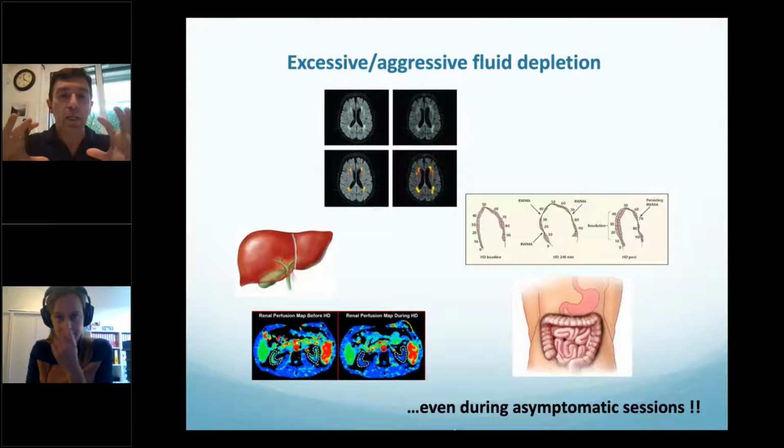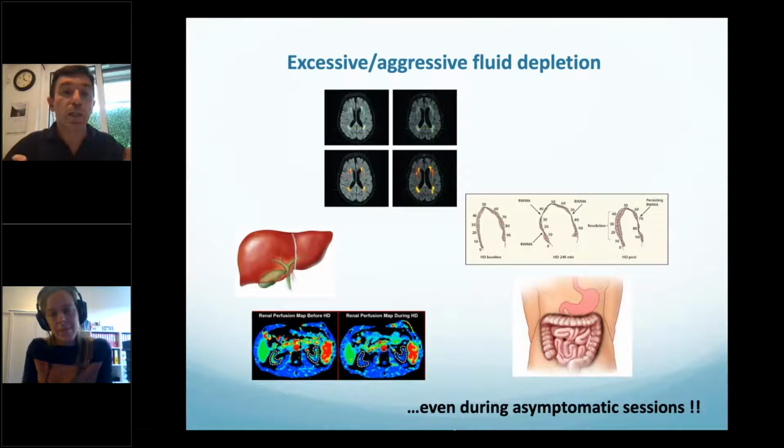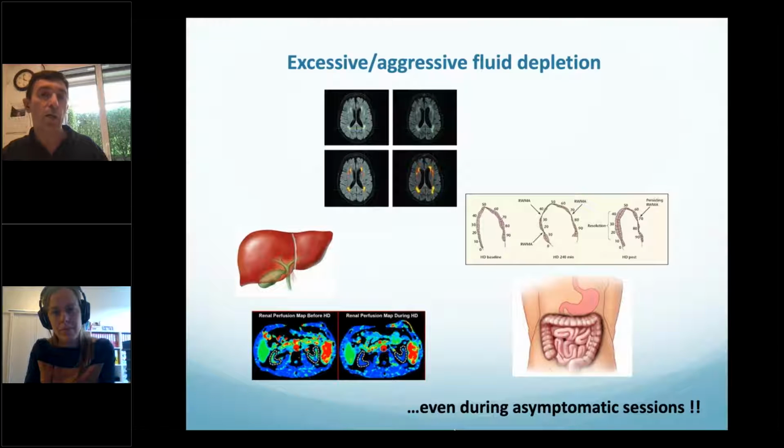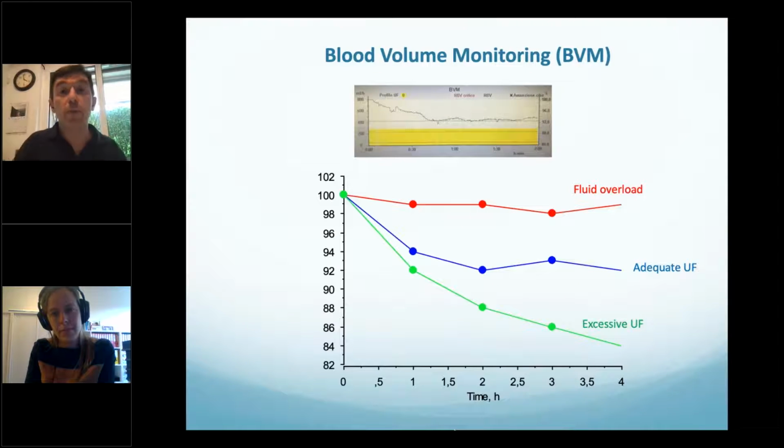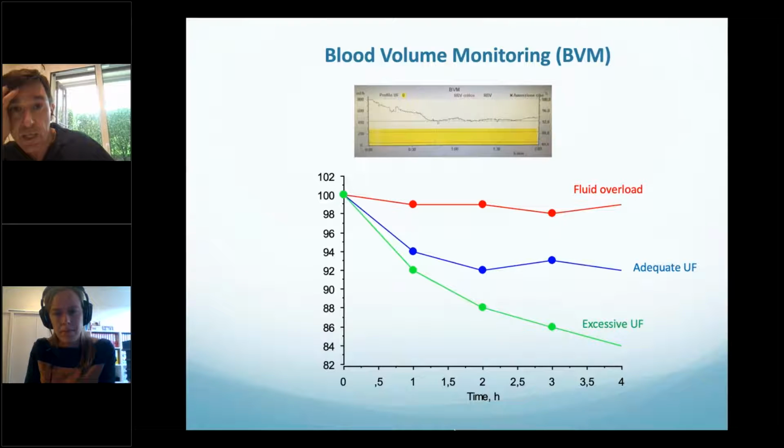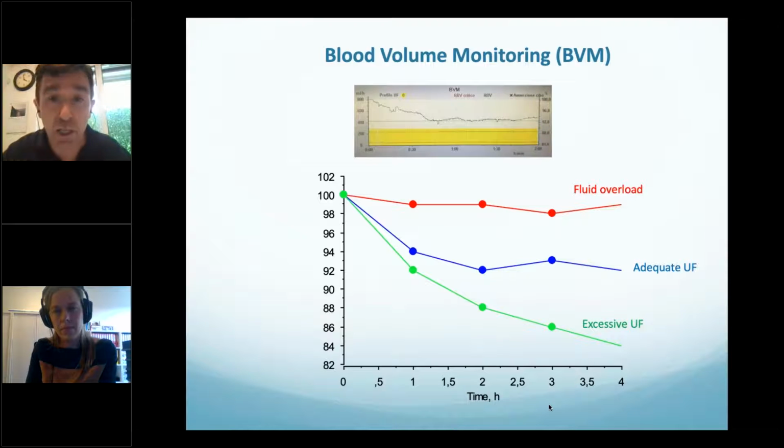So the message is just increasing the ultrafiltration rate to clinically tolerated is not a good strategy. We need to avoid organ hypoperfusion, but to do that, we need to measure blood volume, and we can do it because the modern machines actually can measure the hemoglobin levels or total protein levels, and thus they can calculate the percentage change in blood volume of the patient all over the session, and this machine can give you a curve like that, showing you the percentage change of blood volume of the patient.